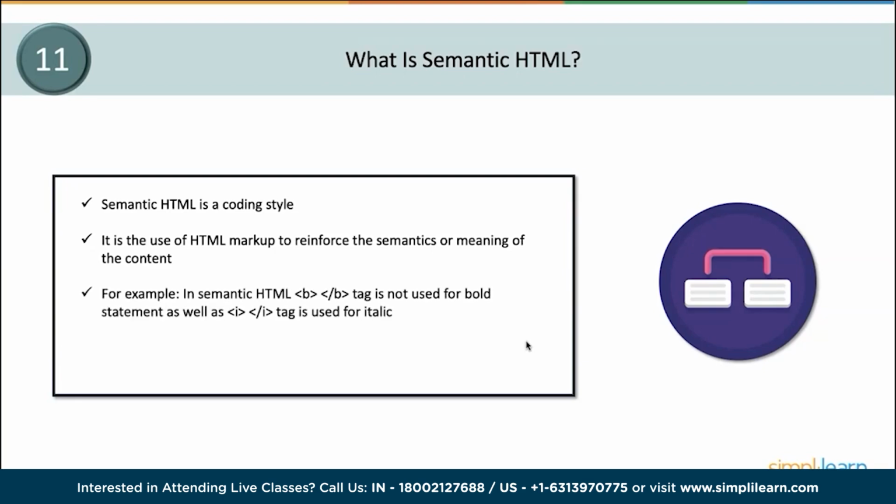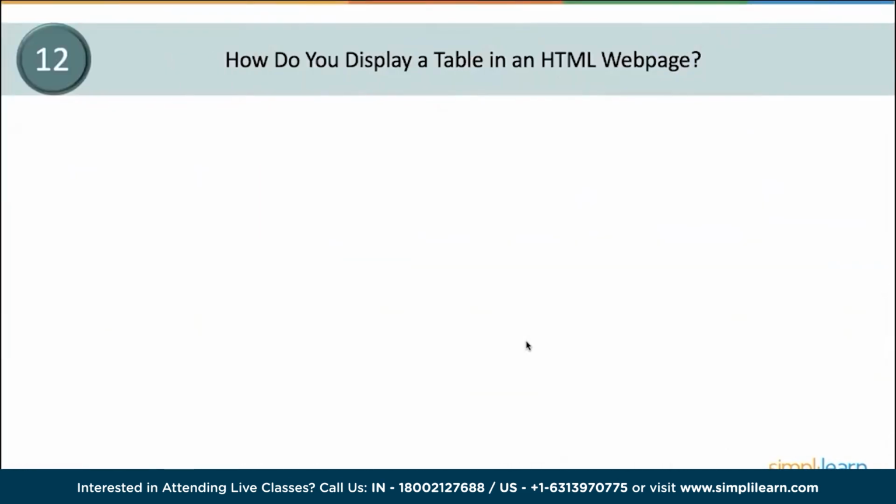So semantics are nothing but standard tags. Like the bold tag is used for bold text and the italic tag is used for italic text, but instead we use strong and em tags. This makes more sense to us.